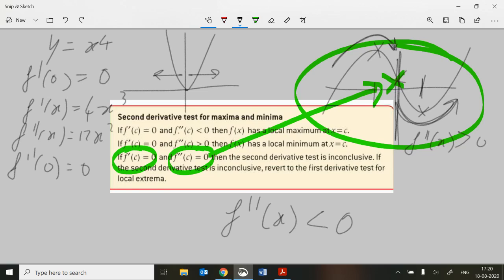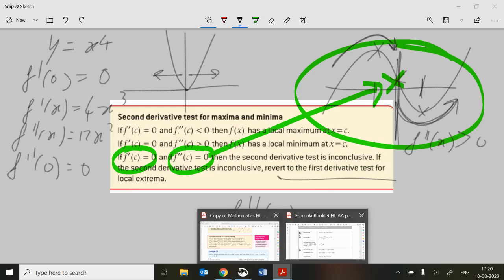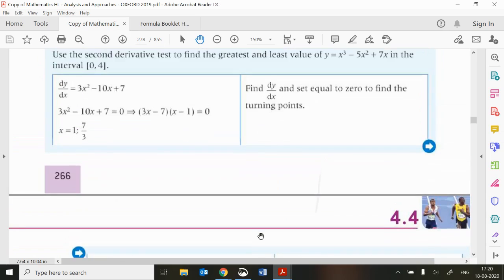Then we can see whether or not we have a minimum turning point or a maximum turning point. So we're going to have to go back to the original test, which is exactly what they're saying here: revert to the test that we have using the first derivative. Okay, right, but this is going to speed things up basically.